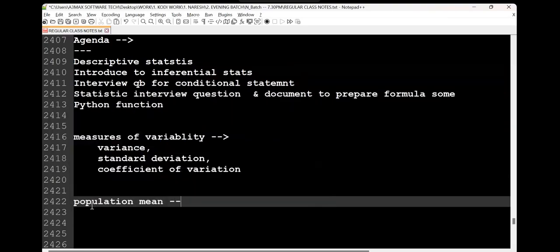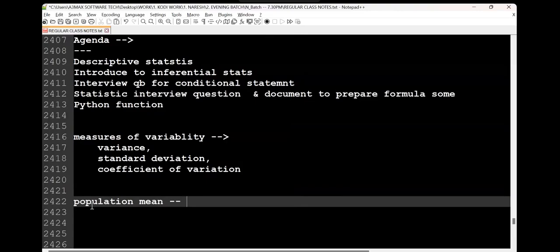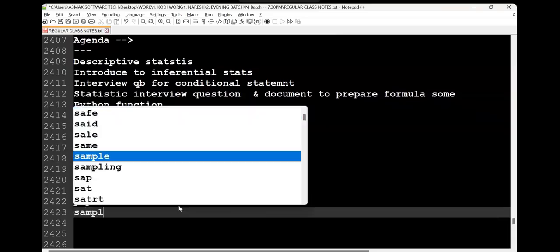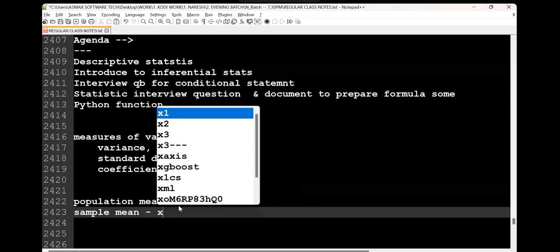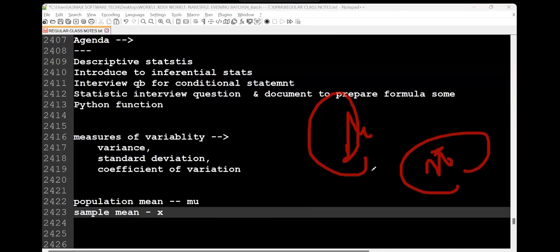The population mean we call not meow, it's mu. And the sample mean is called X bar. So how do you write it? Mu, and this is X bar. Understand these symbols.